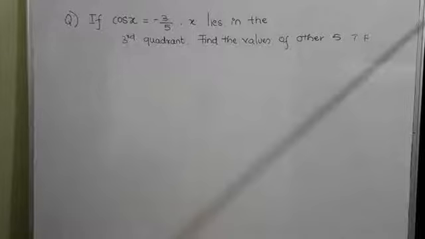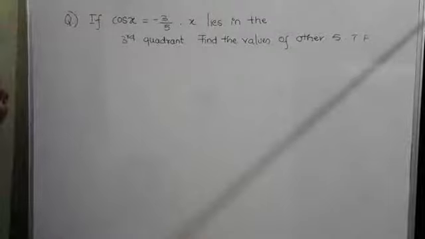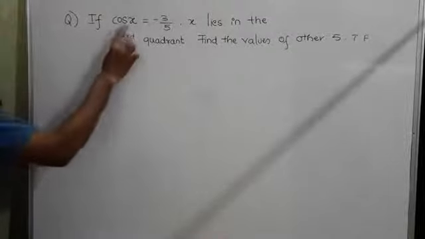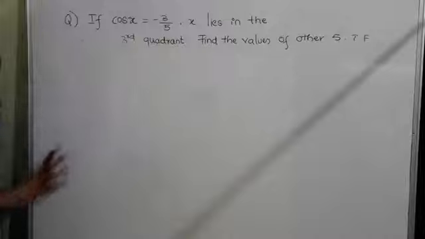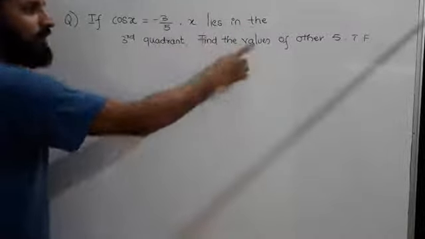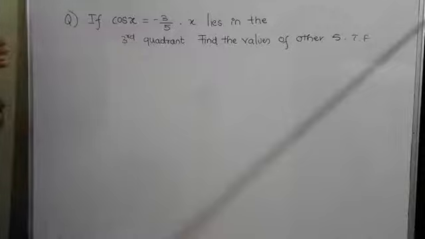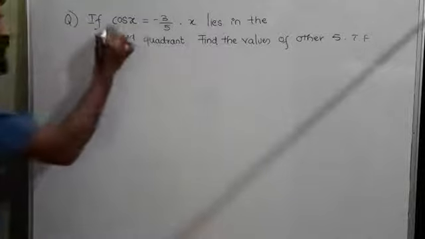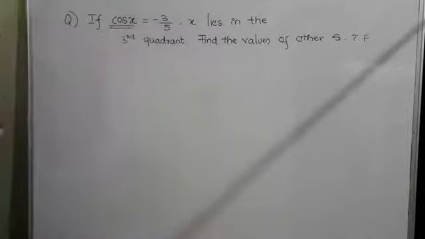Well, dear students, with all these basics, let's solve a simple question which may come for 3 marks in the exam. If cos x is equal to minus 3 by 5 and x lies in the third quadrant, find the values of the other 5 trigonometric functions. So we have cos x, we need to find the other 5.